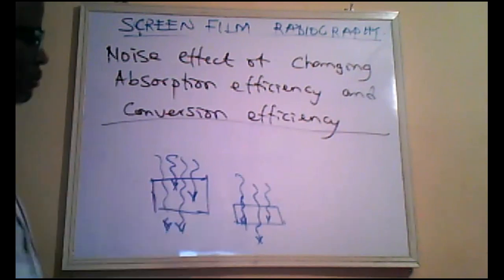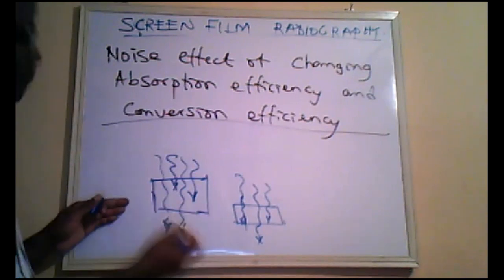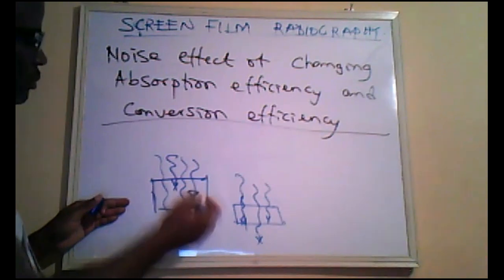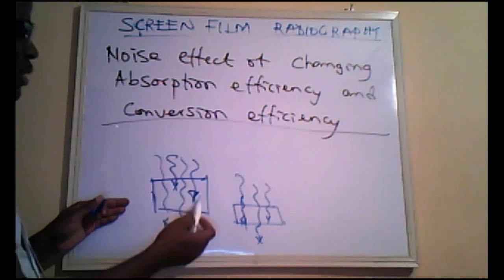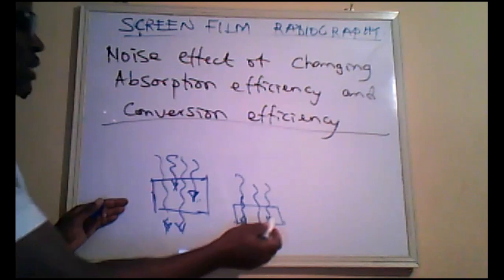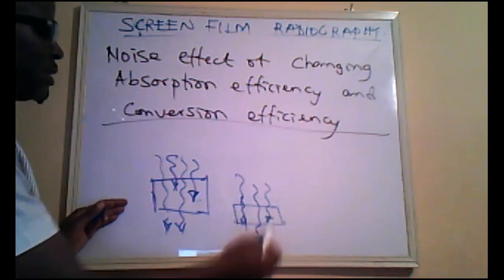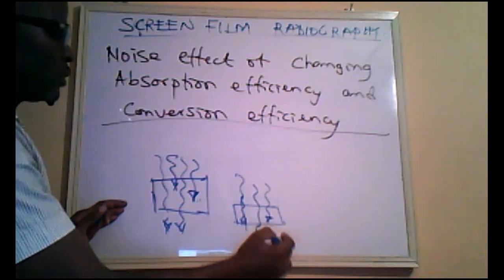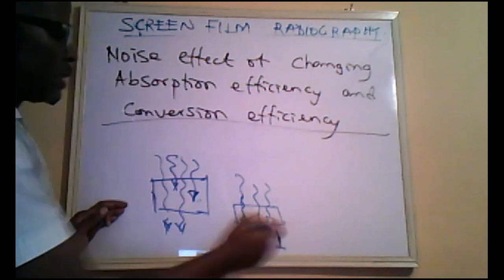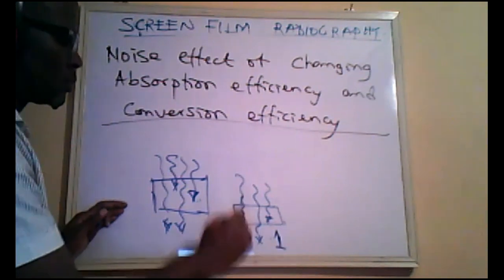We have two photons absorbed here, or within the thin screen, we have just one photon absorbed.